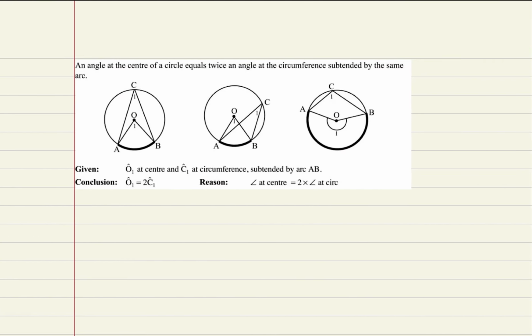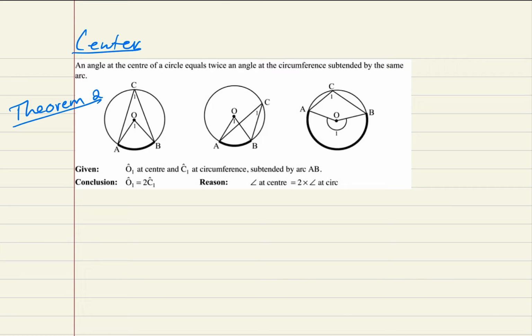Now we are on theorem number 2, under a center. Since we are dealing with theorem number 2, I want us to check something. An angle at the center of a circle is equal to twice an angle at the circumference subtended by the same arc.